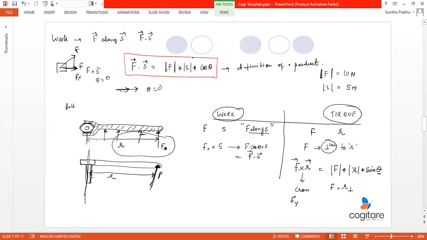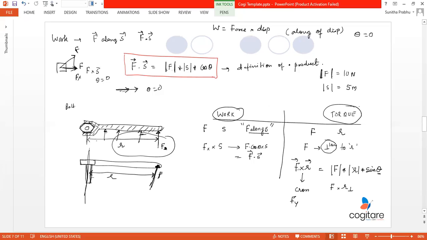So in 10th, when they define W is equal to force into displacement, they always say along the direction of displacement. So here they avoid that cos theta. Why? Because the moment you say along displacement, you know the direction of F and S is the same, so theta is equal to 0.